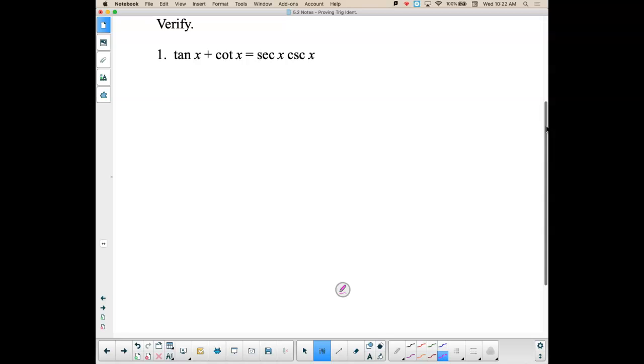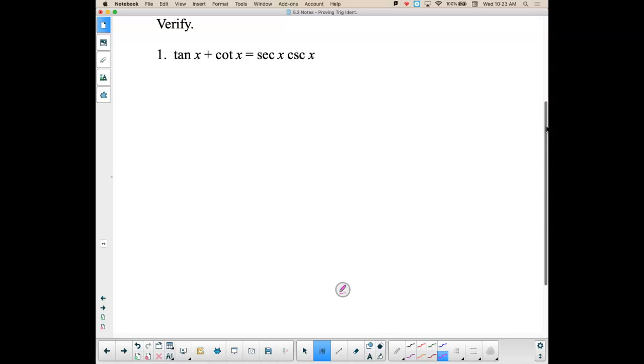Let's take a moment here to decide in this particular problem which side is more complicated. What do you think, Pete? I don't know. Because secant and cosecant are a multiplication. Which one do you think is more complicated? Probably the secant, the cosecant.